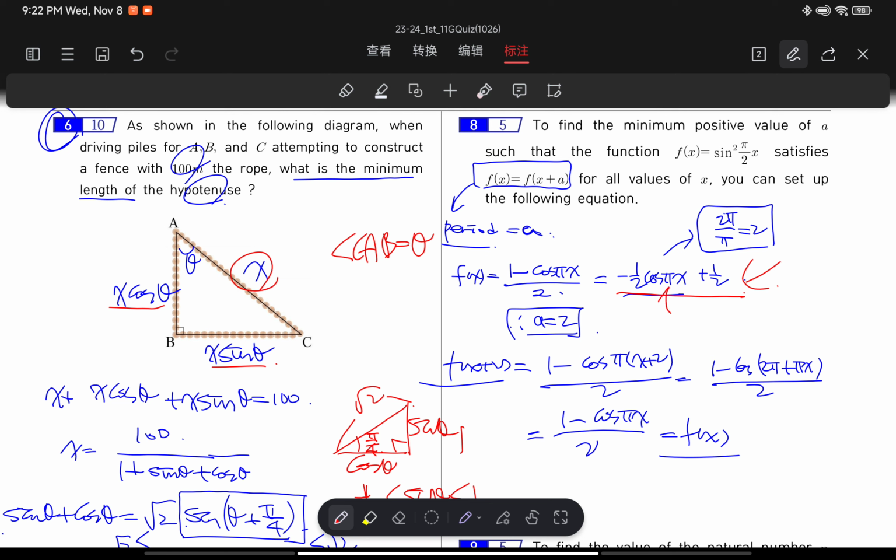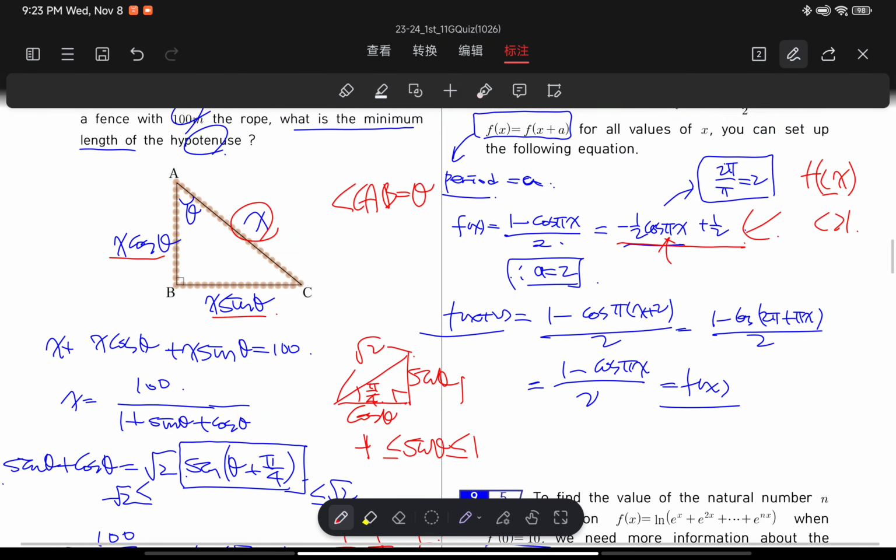Then horizontal shrink. Usually for cosine pi x the period is 2 pi, but here f(x) is f(cx). If c is larger than 1, then horizontal shrink, and if c is larger than 0 but less than 1, then horizontal stretch, right.